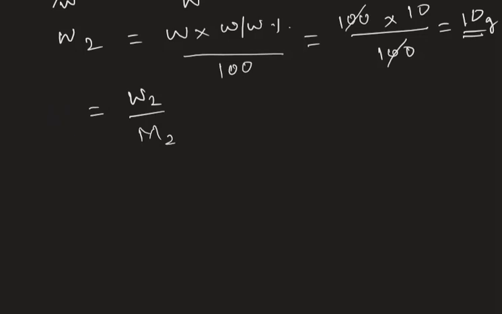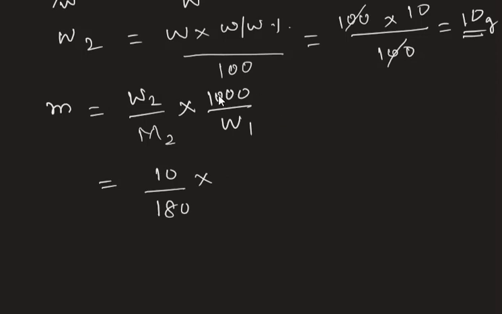Molality m equals W2 by M2 into 1000 divided by W1. Now we can substitute. What is W2? W2 is 10 divided by M2. M2 is nothing but 180 gram per mole, into 1000, divided by W1.